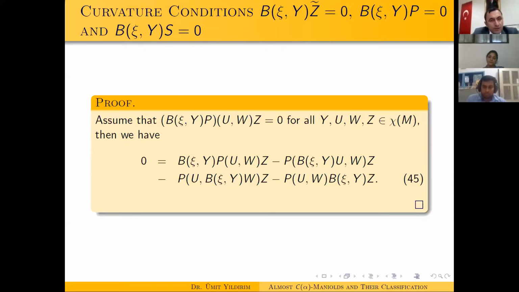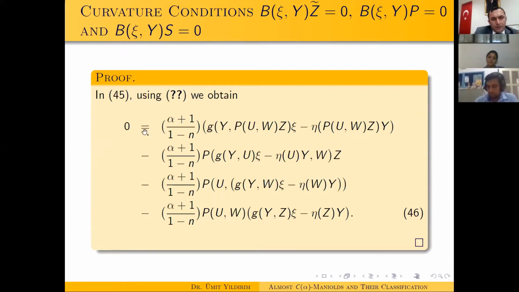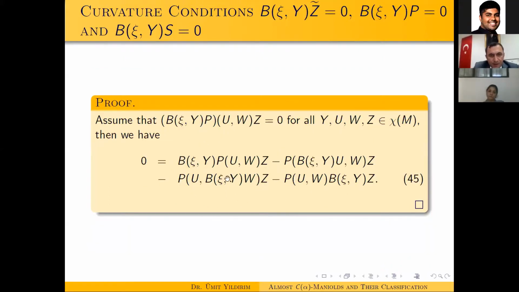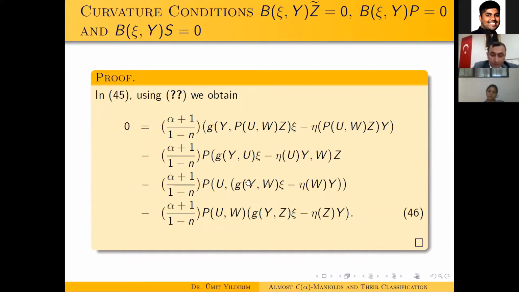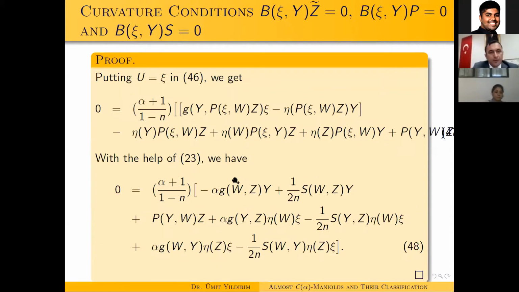This is the proof. Assume that B(x, y)p equals 0 for all y, u, z in the tangent space. Then we have these equations. Using the double equation, B(x, y)w, we obtain this equation.